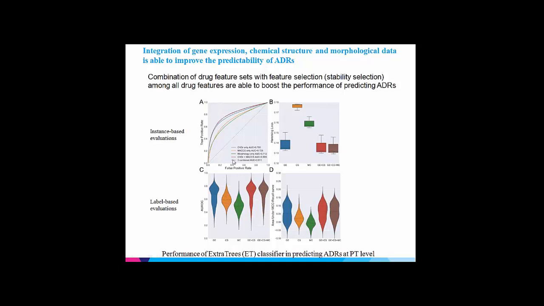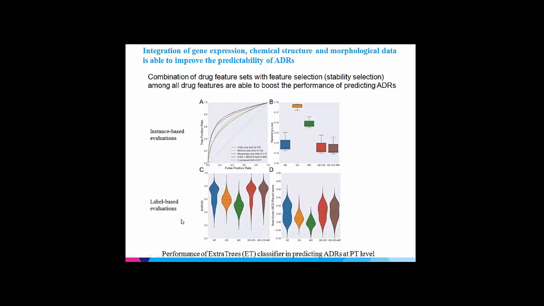And then we can also see that when we combine gene expression with the chemical structure, we get even better performance, and that has also been proved by multiple previous studies.